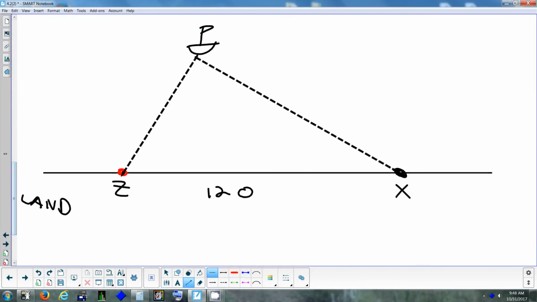All right. One thing I do need, though, is a line that represents north. North and south is just straight up and down. Okay. Because if I don't have a line that represents north, I can't fill in these angles.